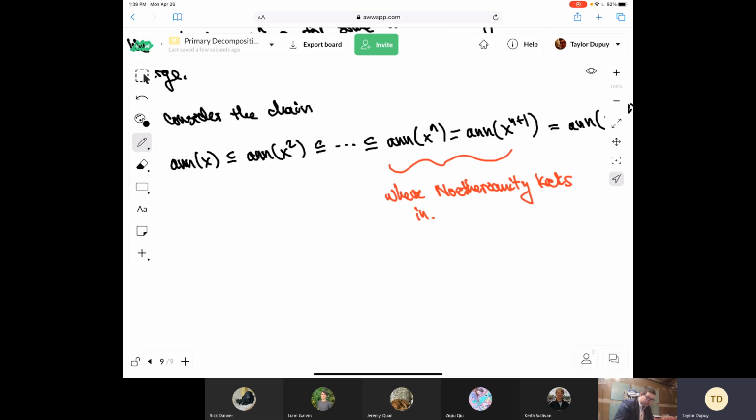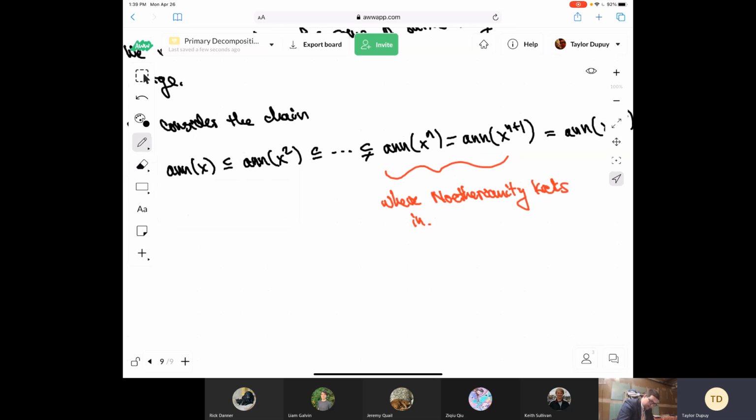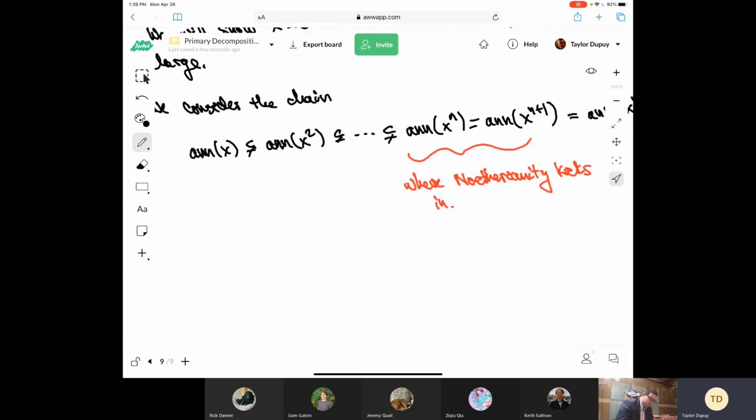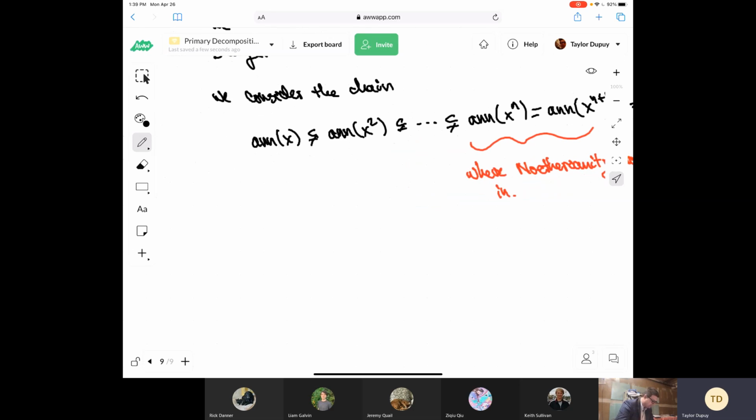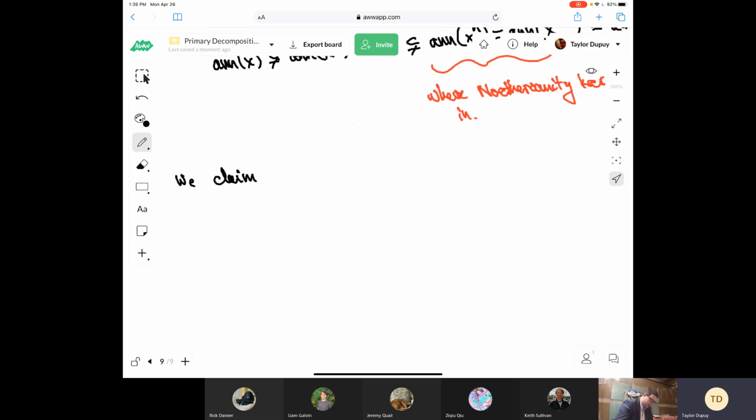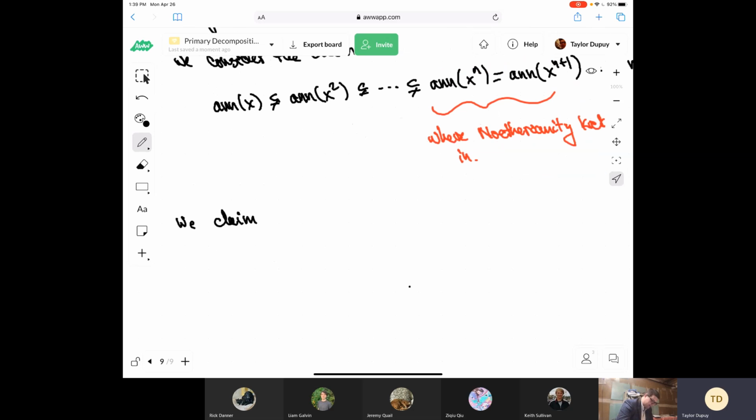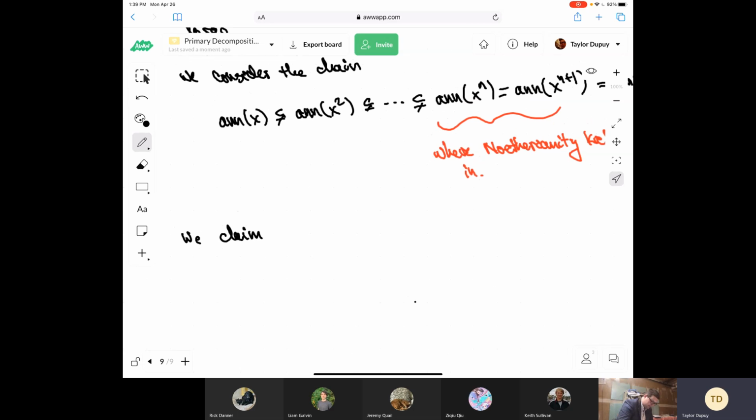So this kicks in. We suppose that these are all not equal, and then at some stage they're going to just start to be equal. So we claim that x to the n intersect y is equal to 0.